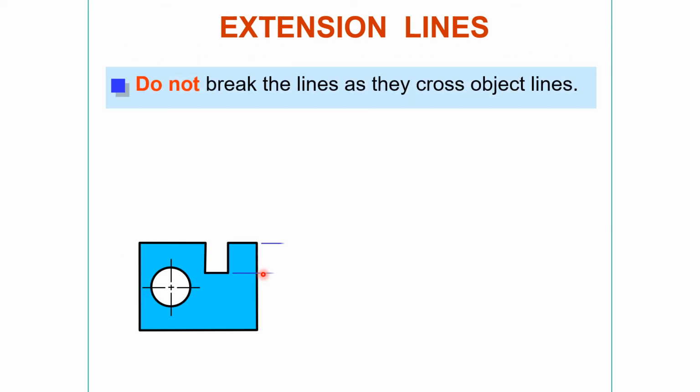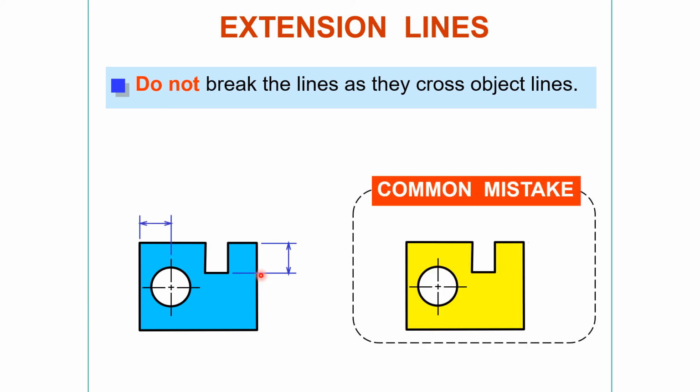That is a good way. Here, you have to continue the line; do not provide a break. Similarly here. Common mistake: that break is not good. There should not be any break.